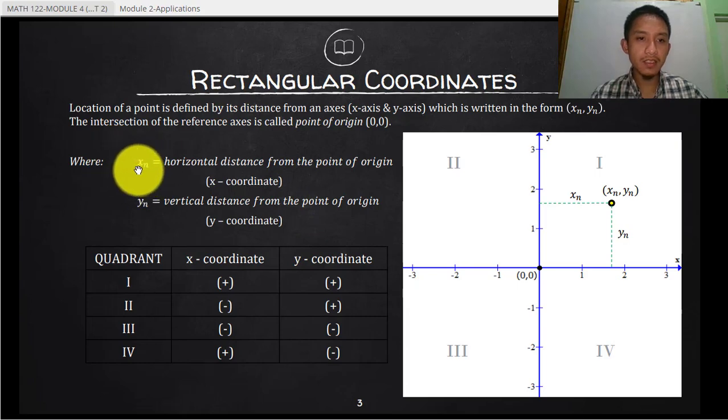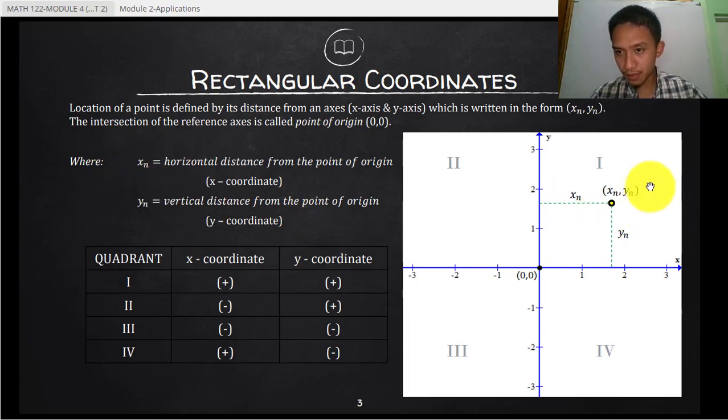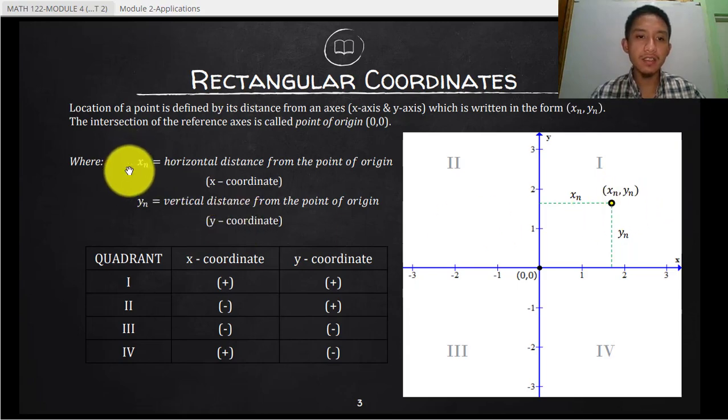Okay, so again, in the figure that I drew here, let's say we consider this point here, and that is described by its coordinates x sub n, y sub n. So let's just say x sub n, y sub n, so that will be general. It could be any point. That x sub n, as I was saying a while ago, is the horizontal distance from the point of origin, or your x coordinate.